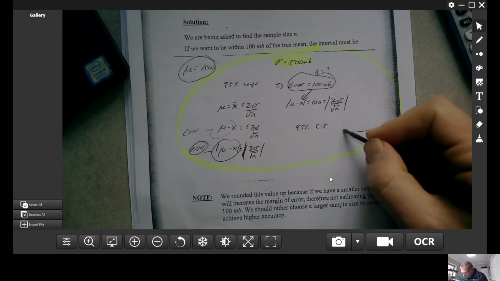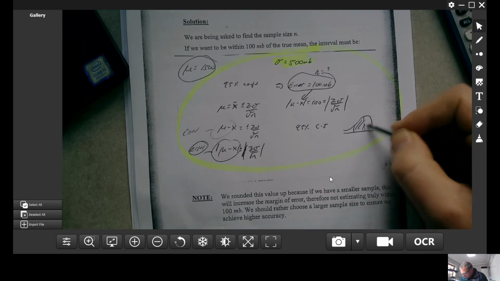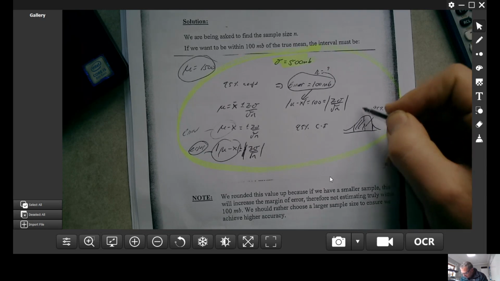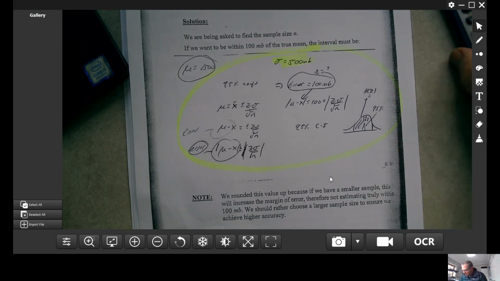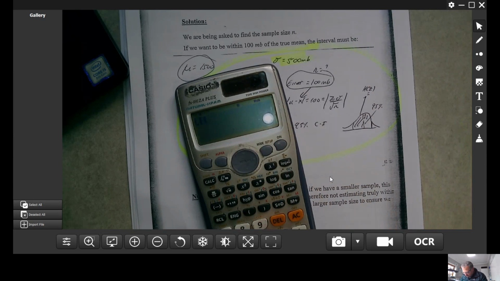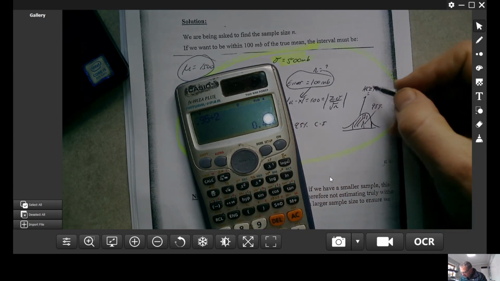For a 95% confidence interval, if you forget, half of that is your area for the z score. So 0.95 divided by 2 is equal to 0.475.